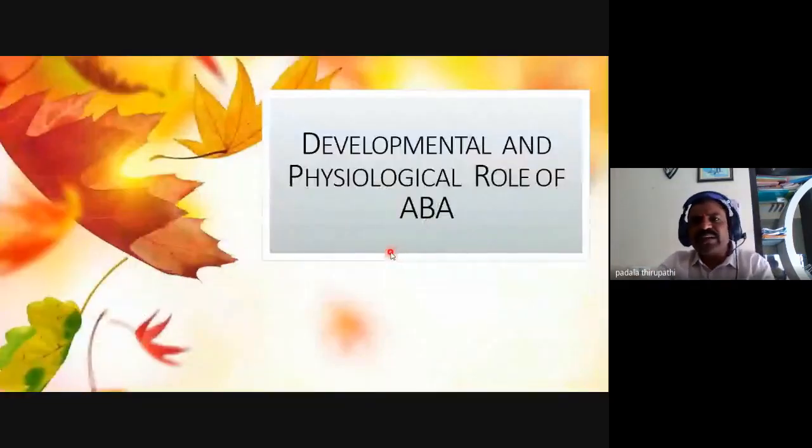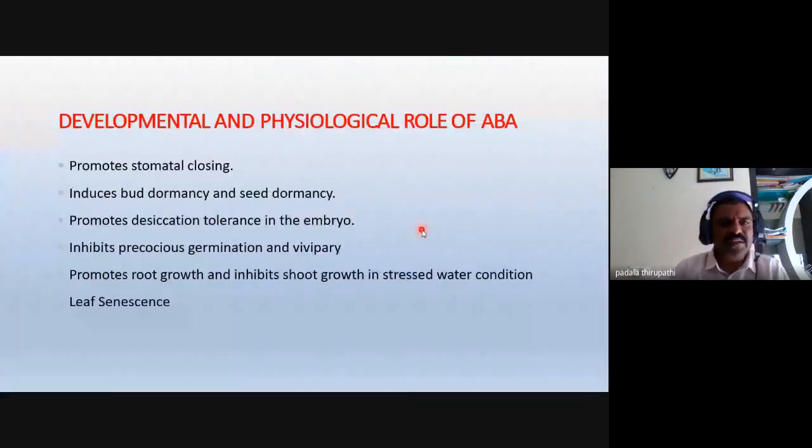And what are the developmental and physiological roles of abscisic acid? Number one, it promotes stomatal closing, very, very important, because this is a stress hormone, a drought stress hormone.